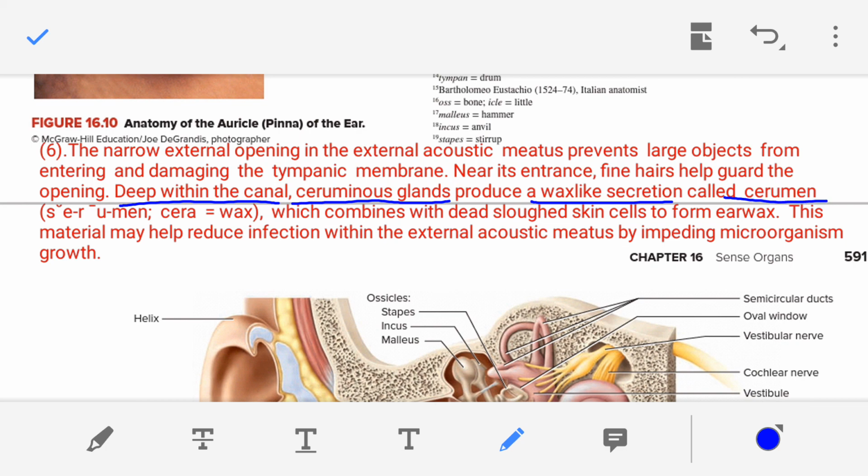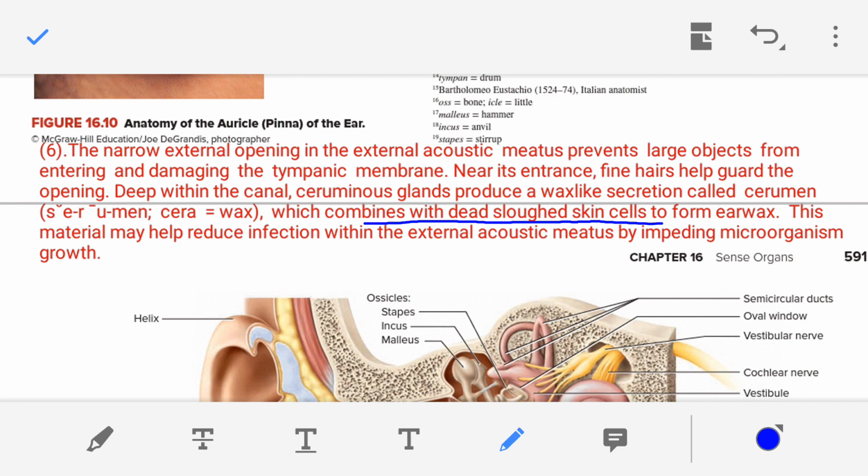Okay, so once again, deep within the canal, that means in the wall of external acoustic meatus, ceruminous glands are present, and these glands producing wax-like secretion which is known as cerumen. Cerumen, cera means wax. Now this cerumen combined with the dead skin cell.